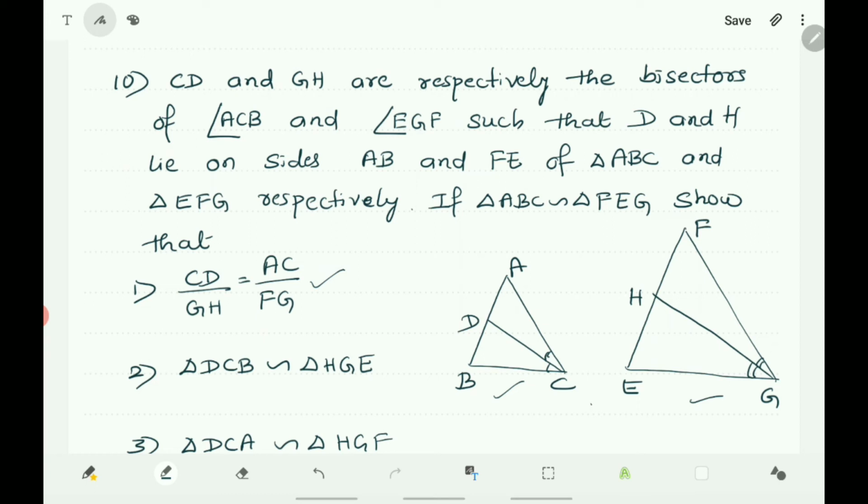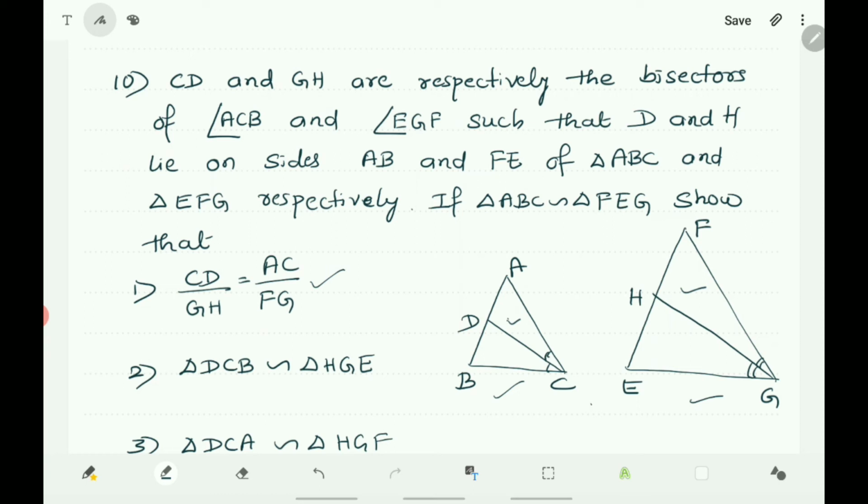And to prove this, you must take the triangles. You know that CD is a side of the triangle DBC or triangle ACD, and FG is a side of the triangle GHF. So here, you must prove that these two triangles are similar.